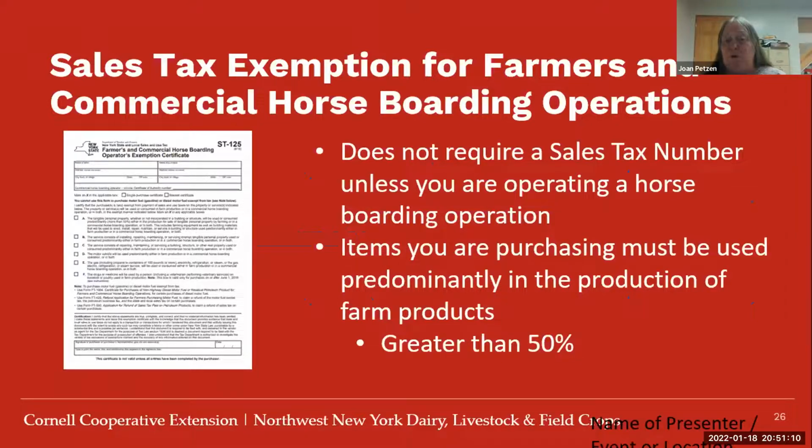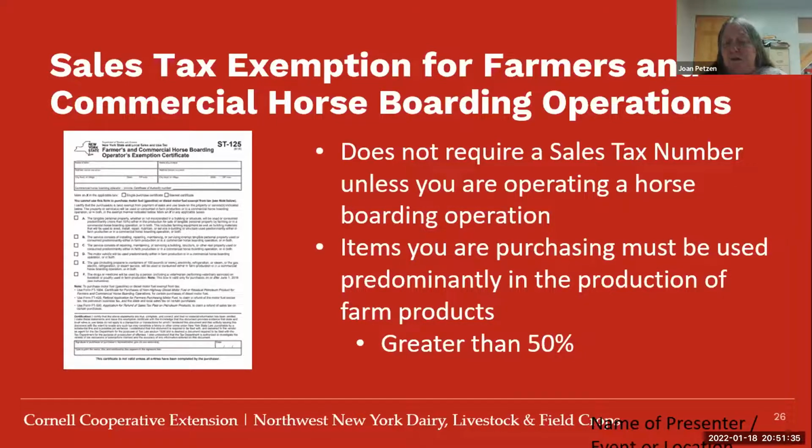If you are a farmer, you do not have to have a sales tax number in order to get a sales tax exemption. If you operate a horse boarding operation, however, because what you're selling is taxable, you must have a sales tax identification number and you must put it on this form.